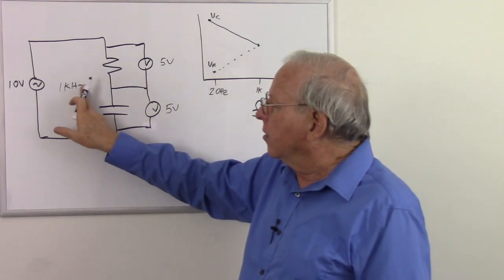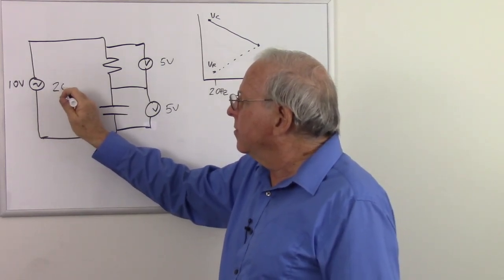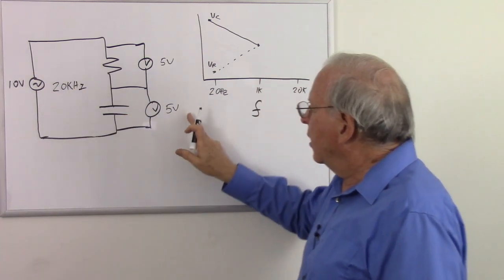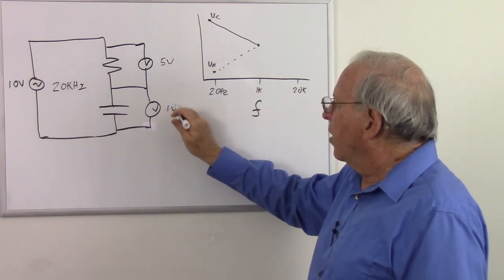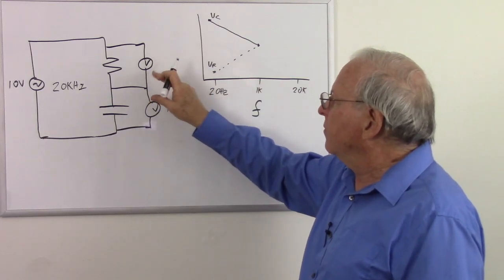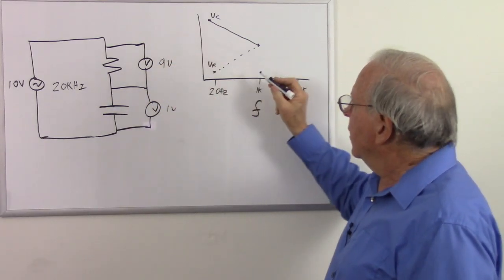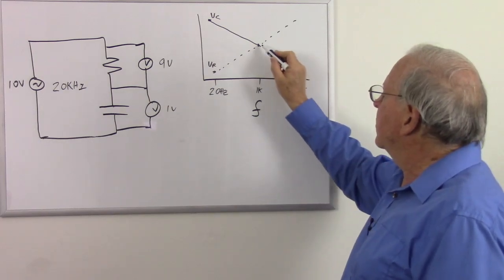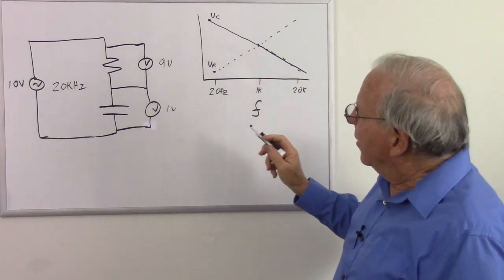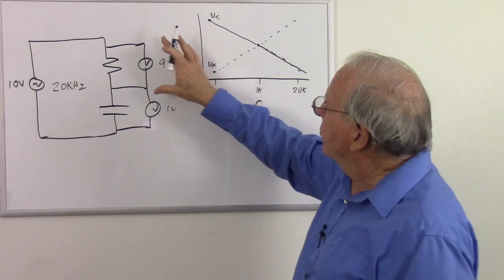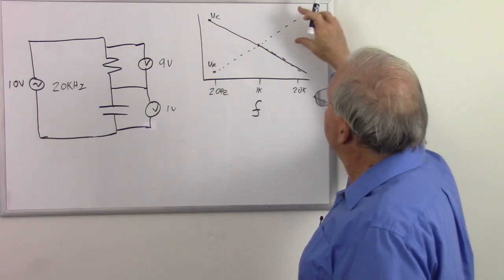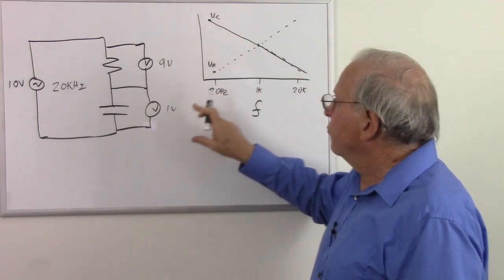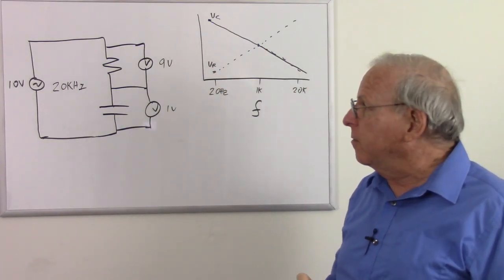Now let's go up to 20 kilohertz. And let's say at 20 kilohertz we have only 1 volt across the capacitor, which is going to leave us with 9 volts across the resistor. So that's going to climb up. That's going to go, oops, there we go. That's going to go down. And so we see that the resistor is going to have a high voltage at the high frequencies, but the capacitor is going to have a high voltage at the low frequencies.